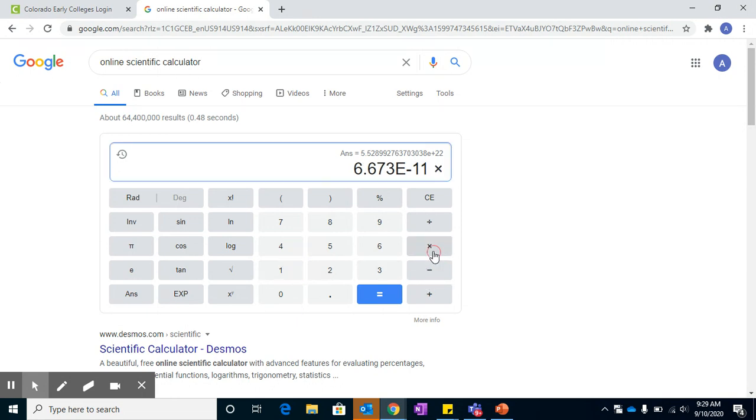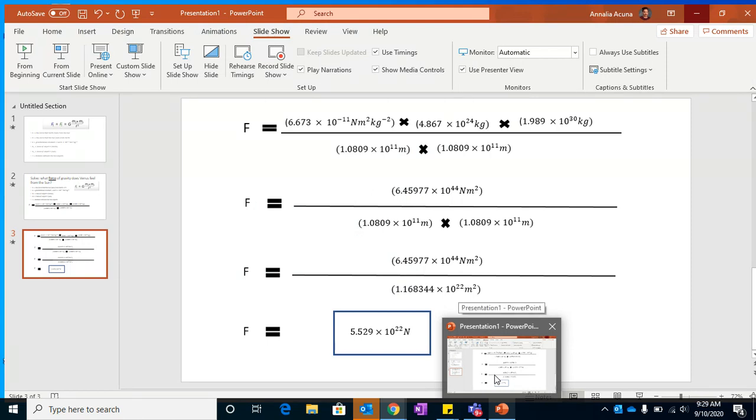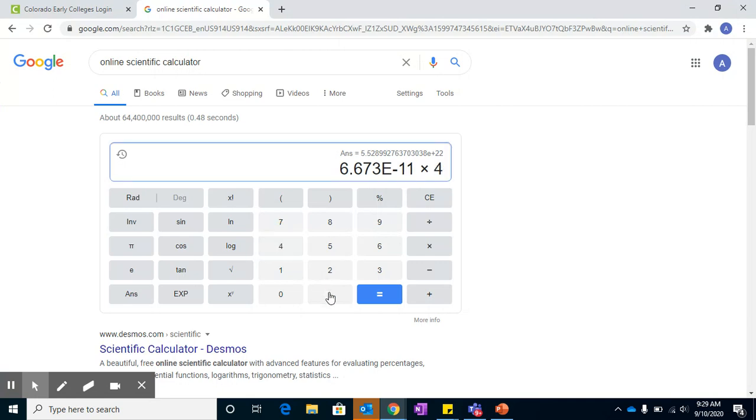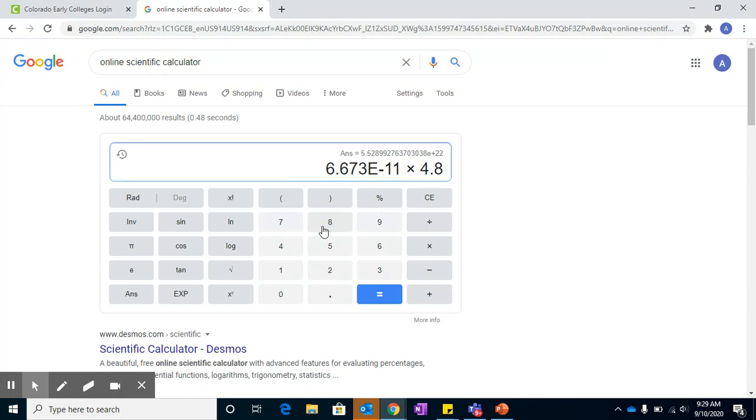I'm going to be multiplying that by 4.867 times 10 to the 24, exponent, or times 10 to the 24th.